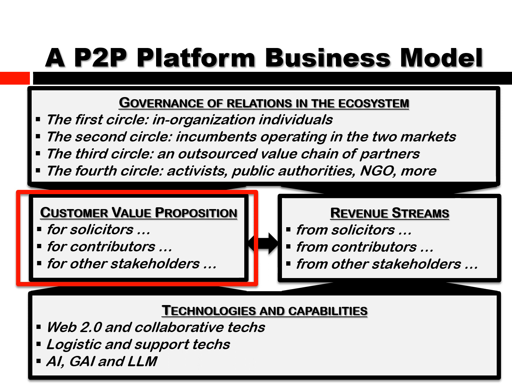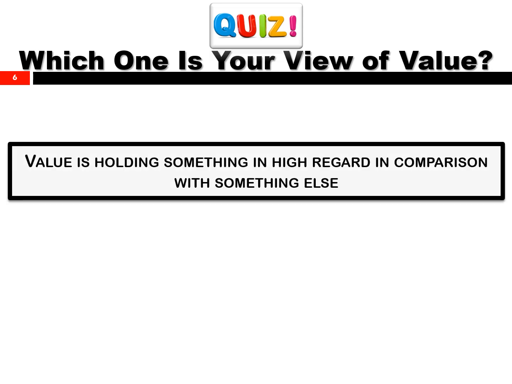But because we are in a P2P platform, a customer value proposition is defined for at least 2 sets of customers and not only 1. It might be more customers, but at least 2.